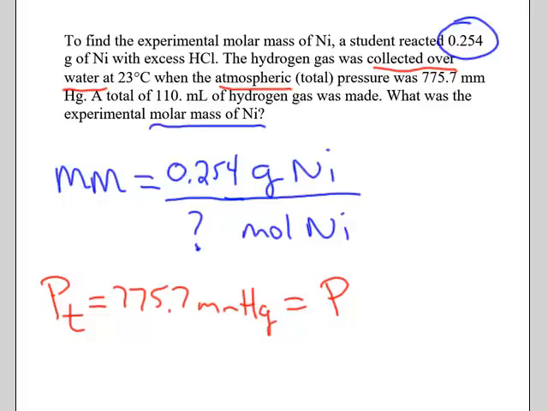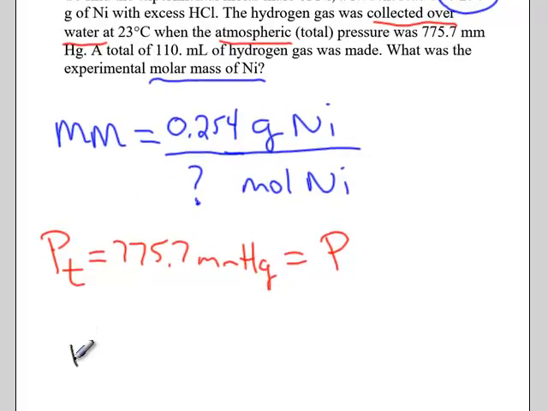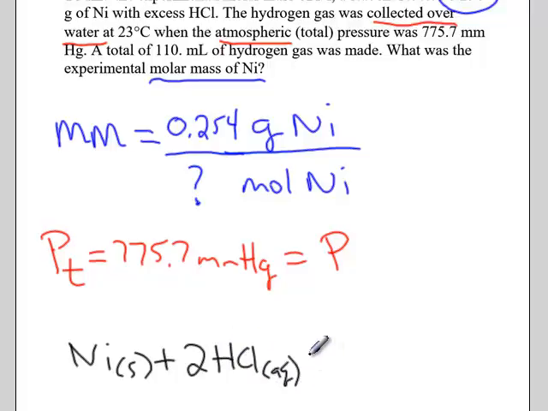So our reaction is nickel solid reacting with hydrochloric acid, aqueous, and this produces nickel(II) chloride, aqueous, and hydrogen gas.